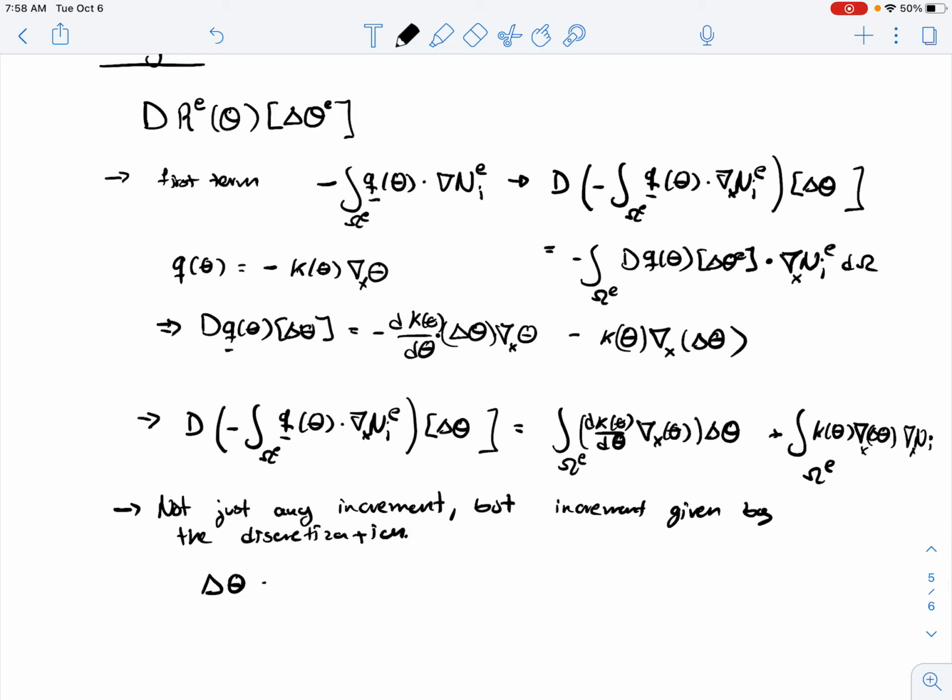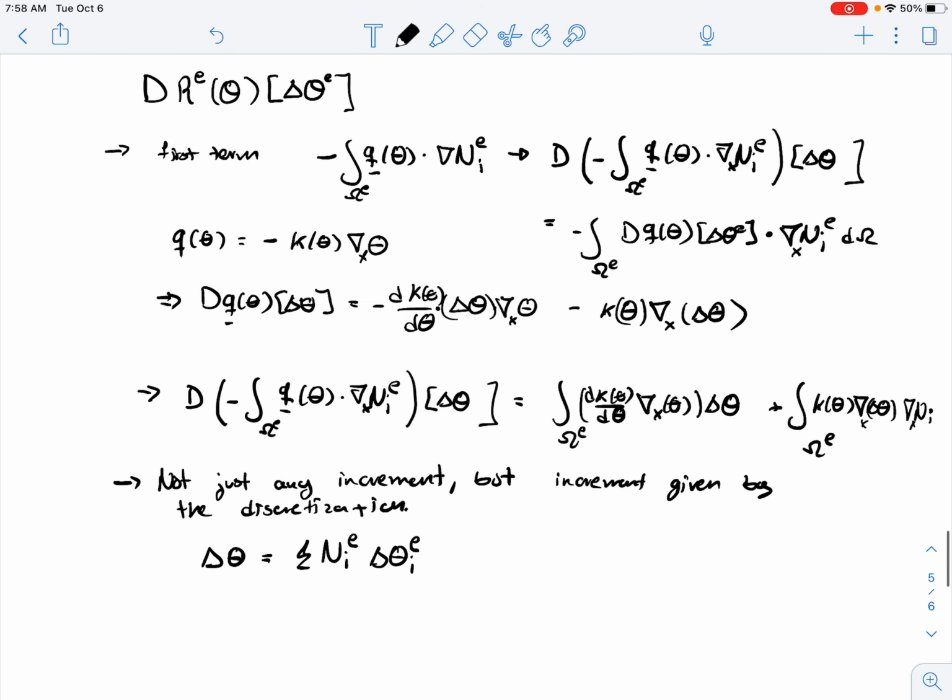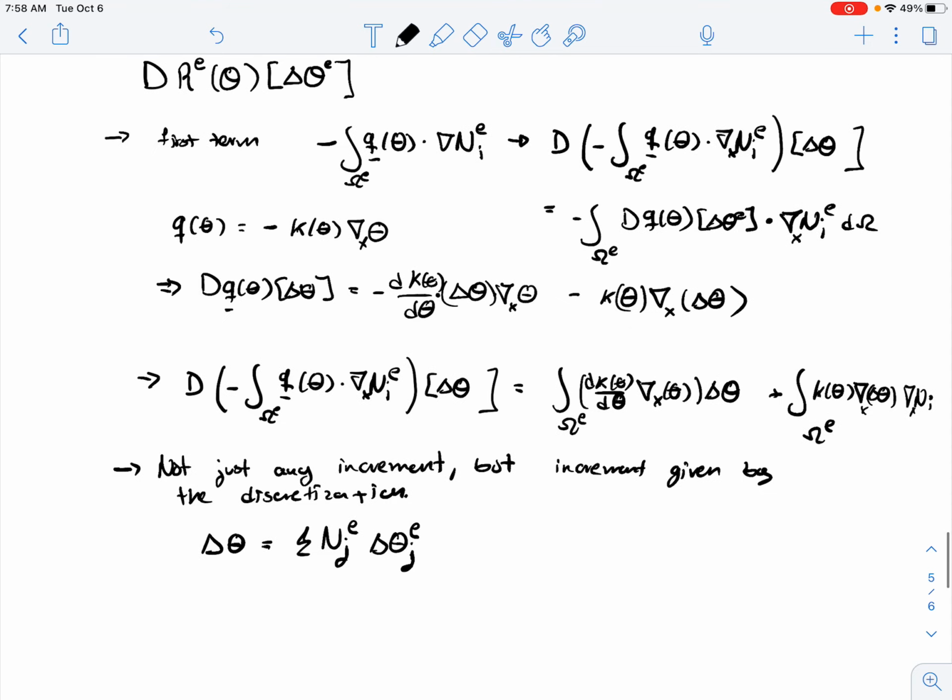So the increment is also going to be a sum of the shape functions of the element times my increment values, because I could also do that, right? Let me use J, because I'm going to switch to J because here I should have, and actually I'm missing a gradient here.